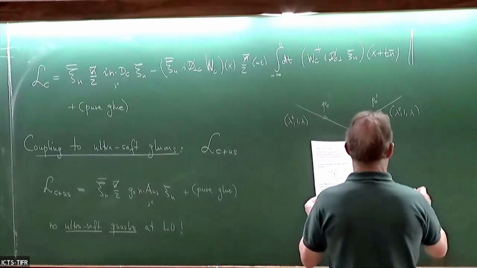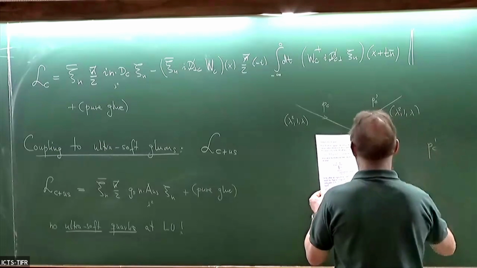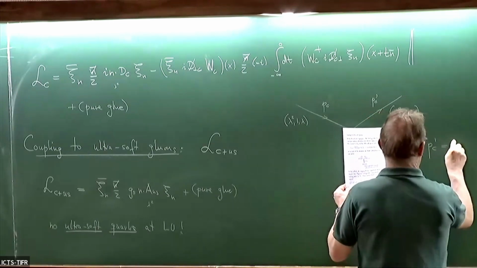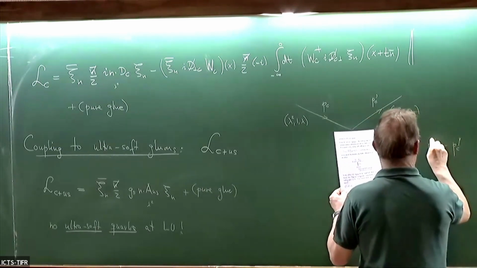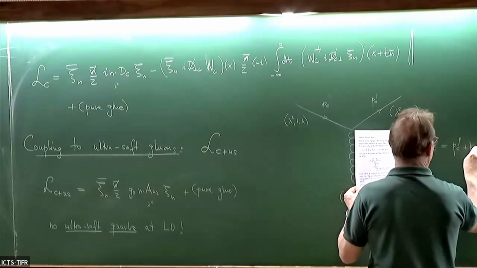We can spell this out in equations as well. p_c prime is p_c plus k_us.